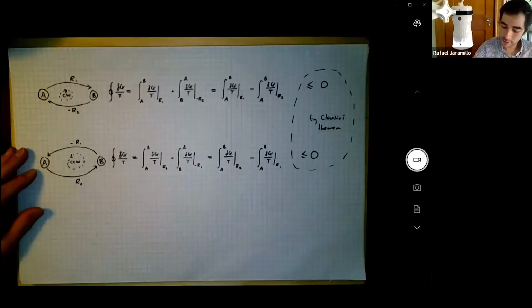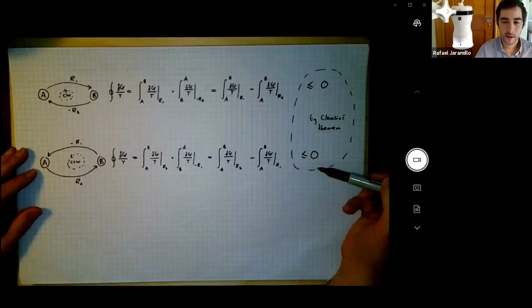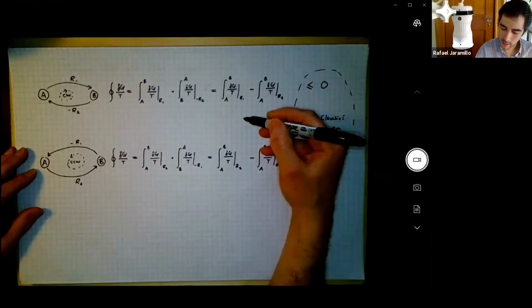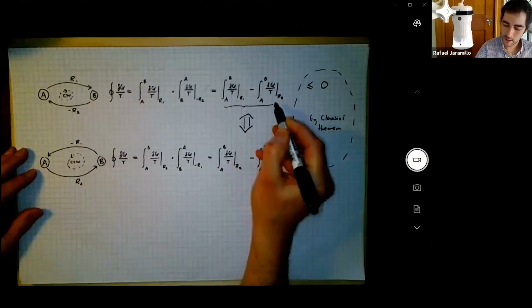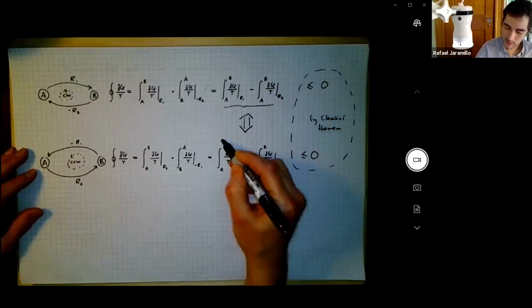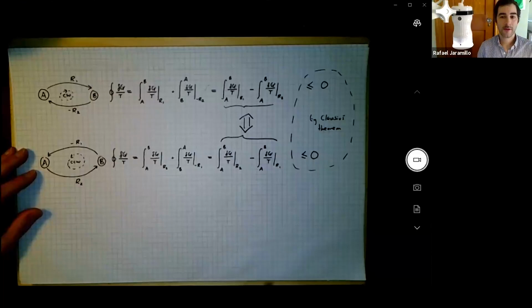Both of these things have to be less than or equal to 0. And so what do you observe about these terms? They're just a negative of each other, right?